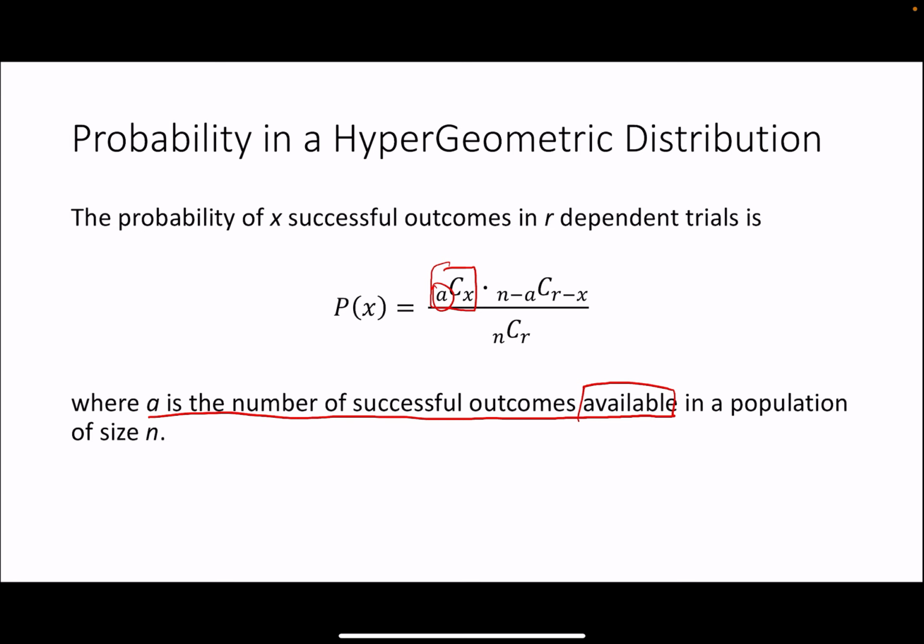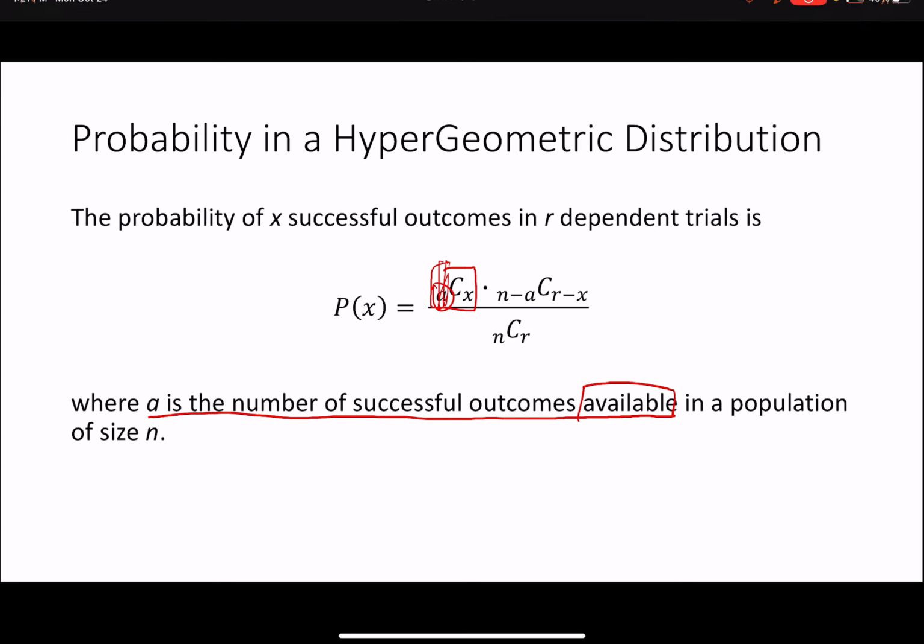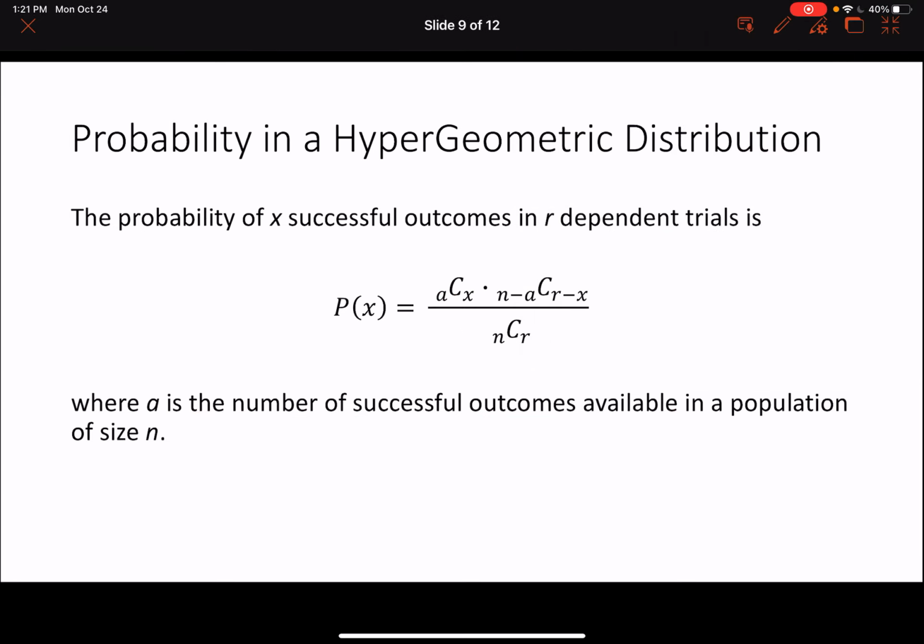In the red marble example, we had 4 red marbles, right? This was always 4. What's N minus A? Well, that's the remainder. That's the number of non-successes, right? Total minus the number of available successes is the total number of available failures, so non-reds, right? And then this is R minus X.